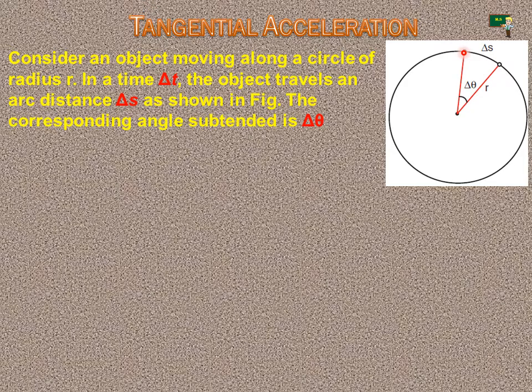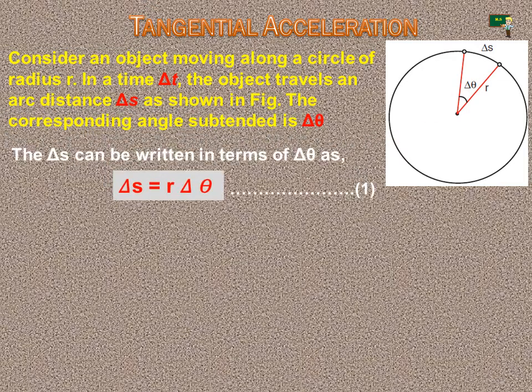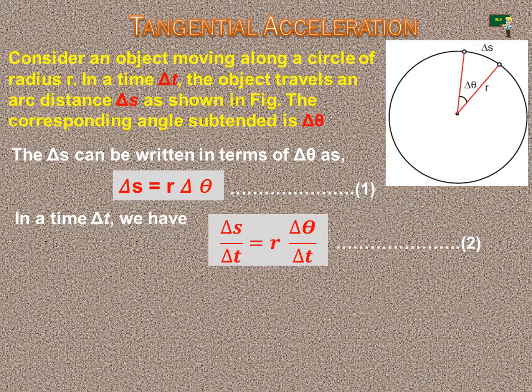The corresponding angle subtended is del theta. Now del s can be written in terms of del theta. Therefore, del s is equal to r into del theta, which is termed as equation number 1.